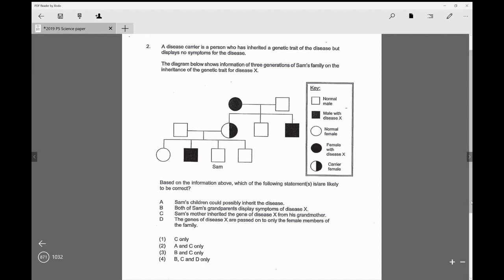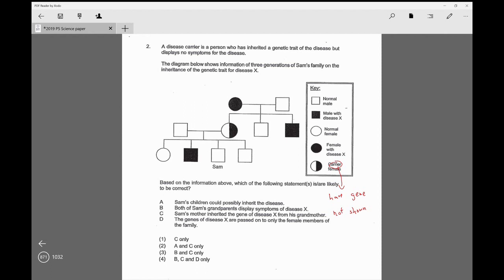Some of them are just carriers. Carrier means they have the gene but it's not shown. So there's a chance that they can pass it to their children, although they don't look like they have the disease, and then the children may have the disease shown. That's what I mean by carrier.